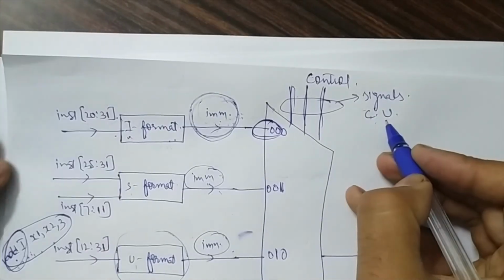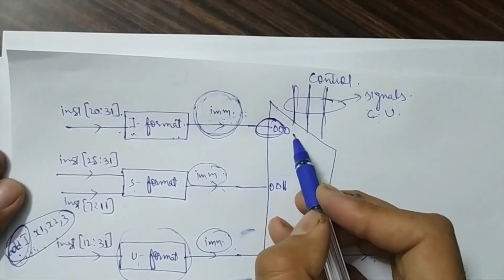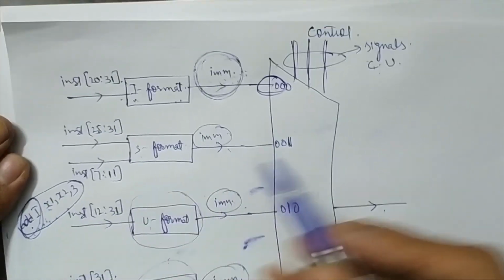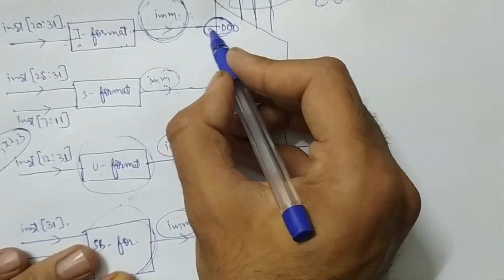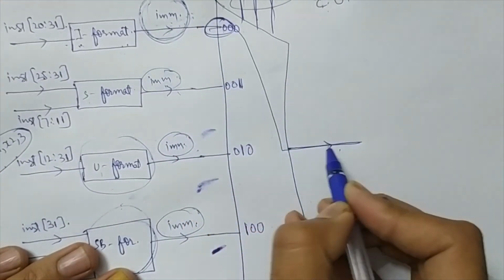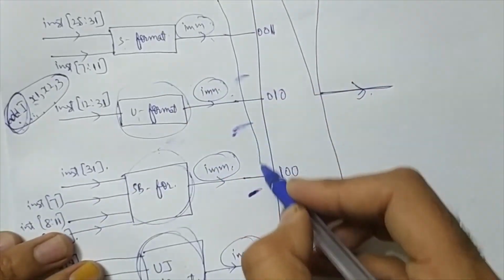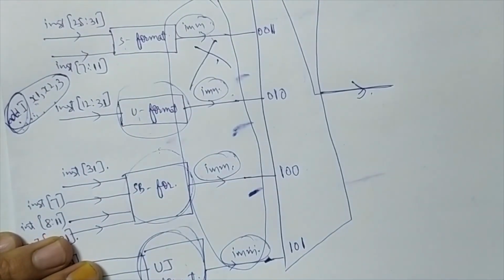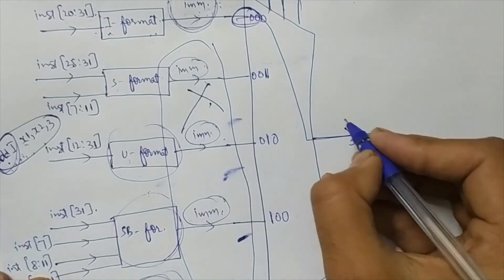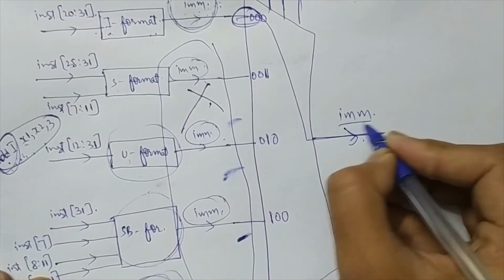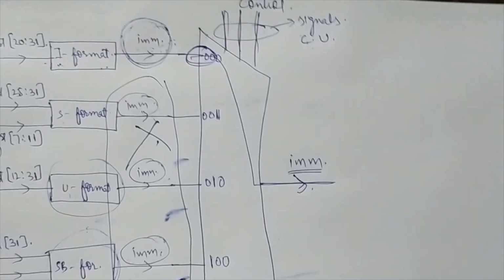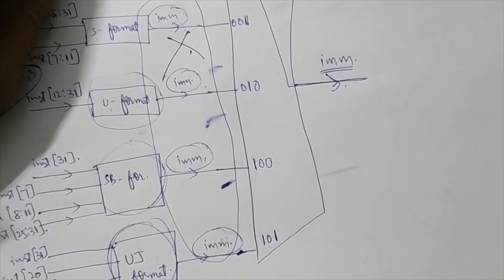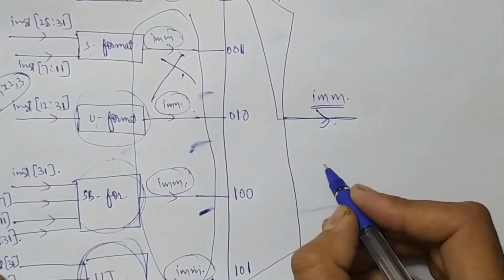So our control unit will generate signal 0, 0, 0 for this instruction. The multiplexer output will be this immediate, and all the other immediates will be cancelled out and not forwarded. So we will get the correct immediate value. Likewise, in case of branch instructions, for example, we have a branch instruction.